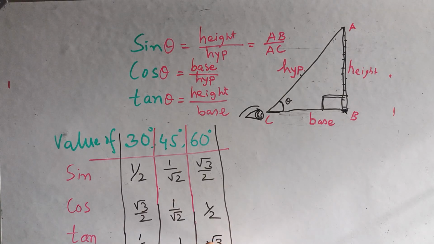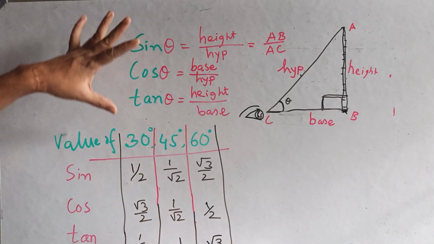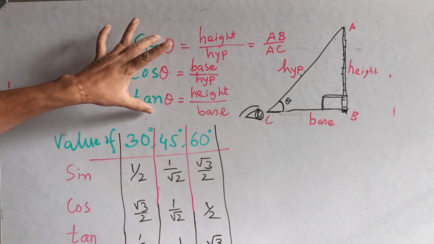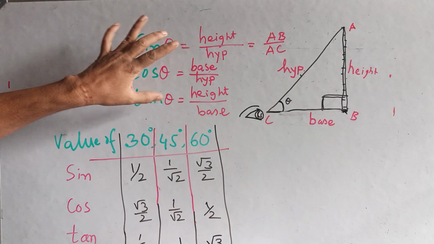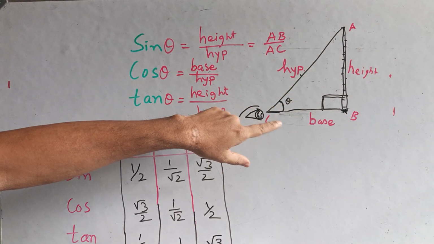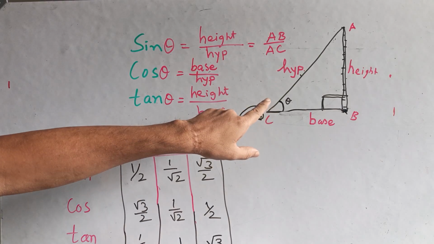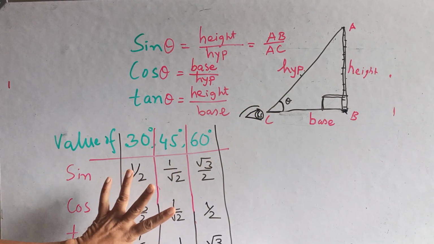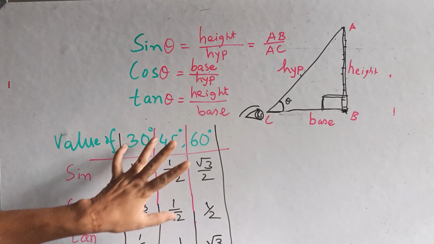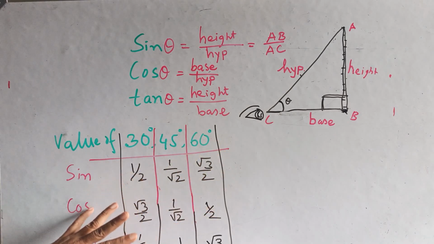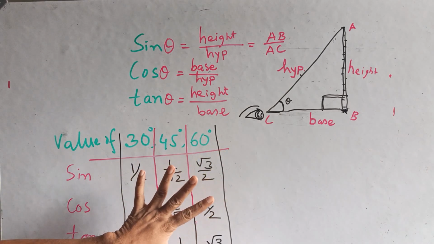So this table is to be remembered. Basically this definition is required. You have to identify which is height, base and hypotenuse. And this table of sine, cos and tan for 30, 45, 60 degrees is required.